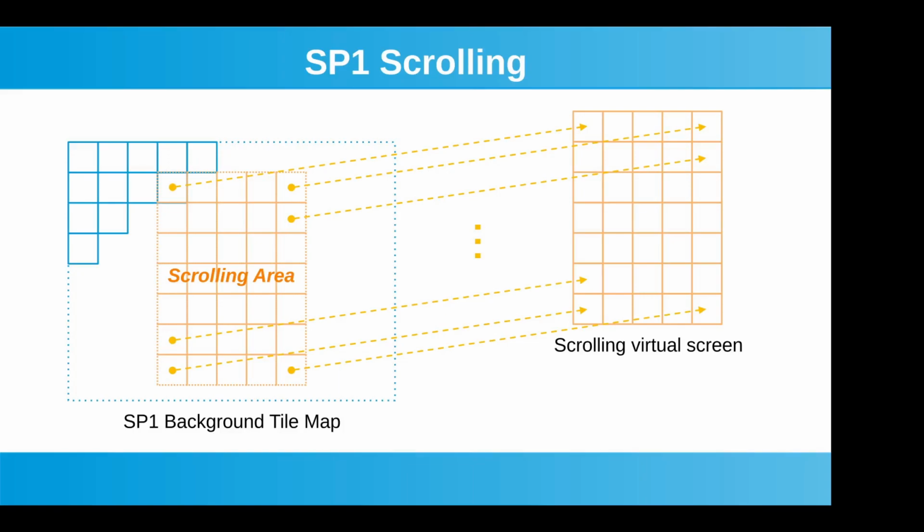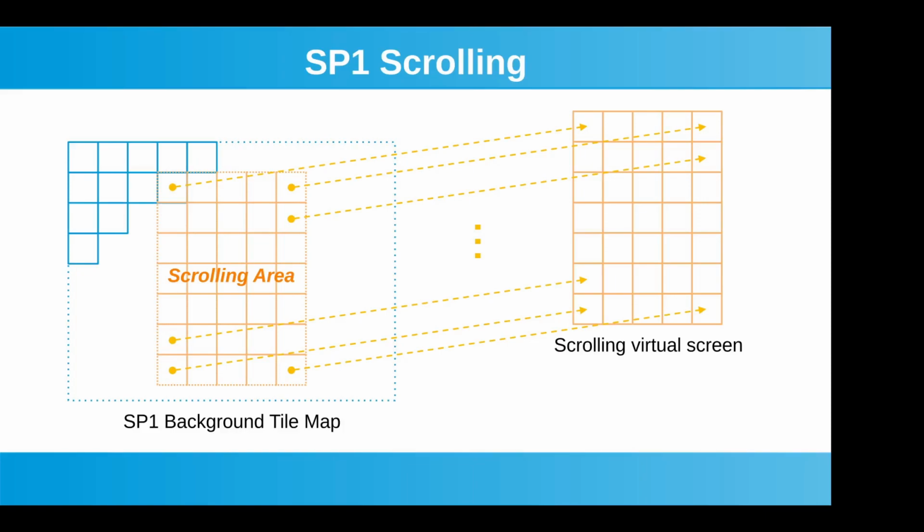And then the main point is that we are going to modify our virtual screen in real time every frame and make SP1 update the screen. We are just going to do our scrolling in the virtual screen, and then we are going to tell SP1 to update the real screen on every cycle.